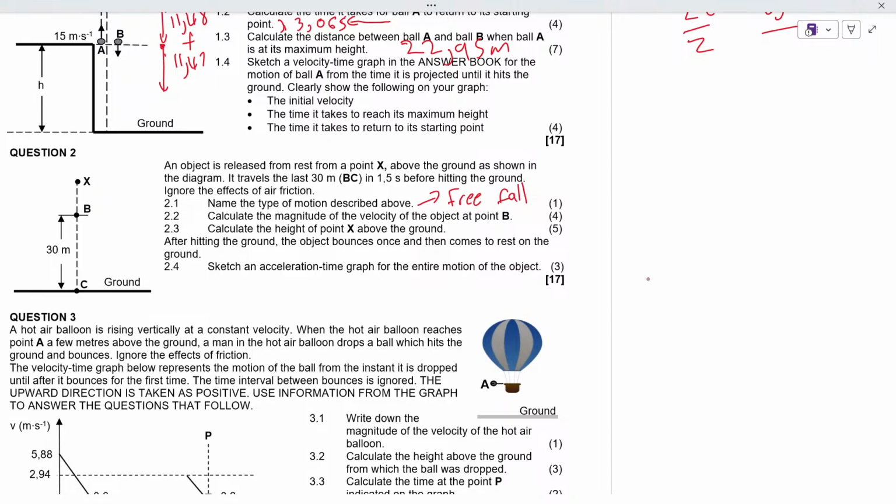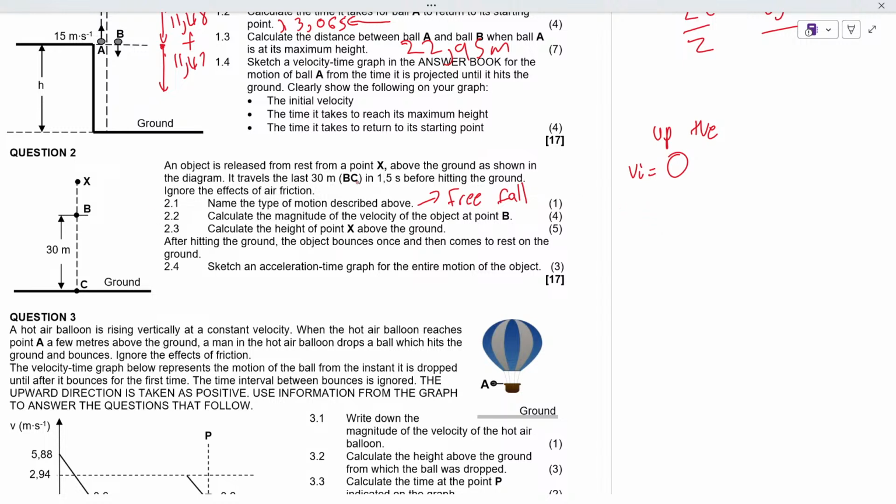But the first and most important thing is to write down your variables. Choose direction up as positive. And then what's the initial velocity? It's 0. And what else do you know about this?